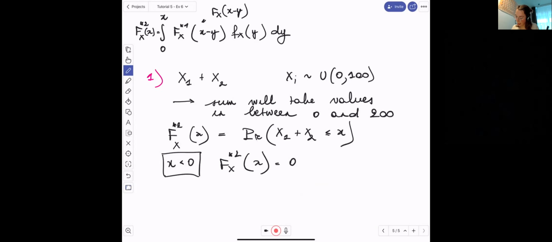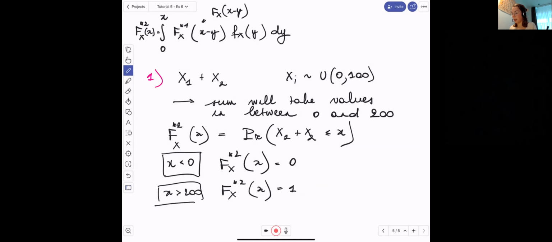Then the case when x is strictly larger than 200: our sum will take values in between 0 and 200, so the probability that our sum is smaller than or equal to x is 1, because this will always be the case. So our twofold convolution in that case will be equal to 1. So the situation we really need to concentrate on is when x takes values in between 0 and 200. That's what we're going to do now in a second step.